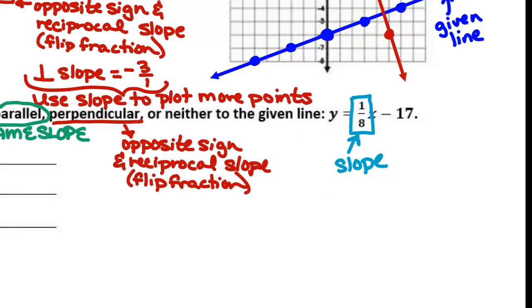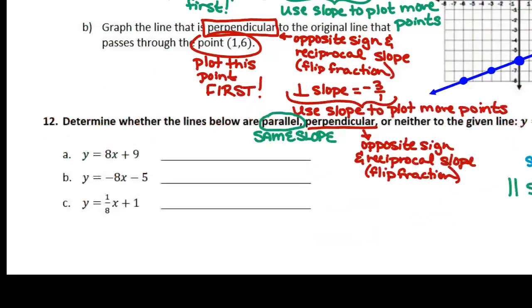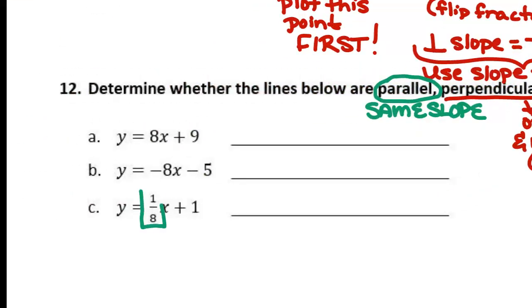So what will the parallel slope be then? 1/8. Remember, parallel has the same slope, so this will be 1/8. Which one of these lines over here has the parallel slope? C. 1 over 8. This is the same slope, so this one is parallel.